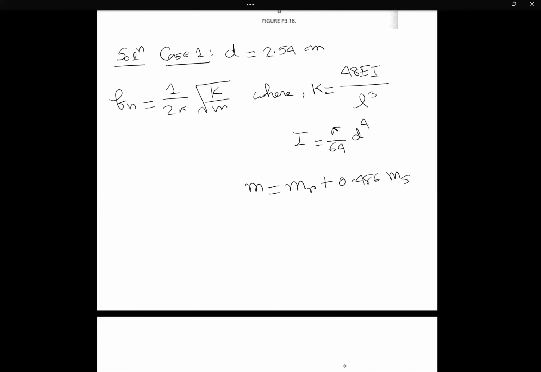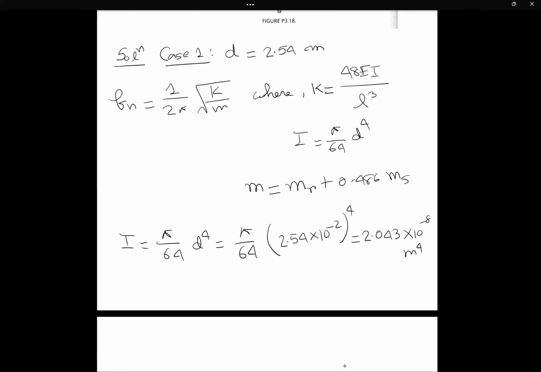So first calculate I, pi by 64 d to the power 4. With d equal to 2.54 centimeter, we will get 2.043 times 10 to the power minus 8 meter to the power 4.